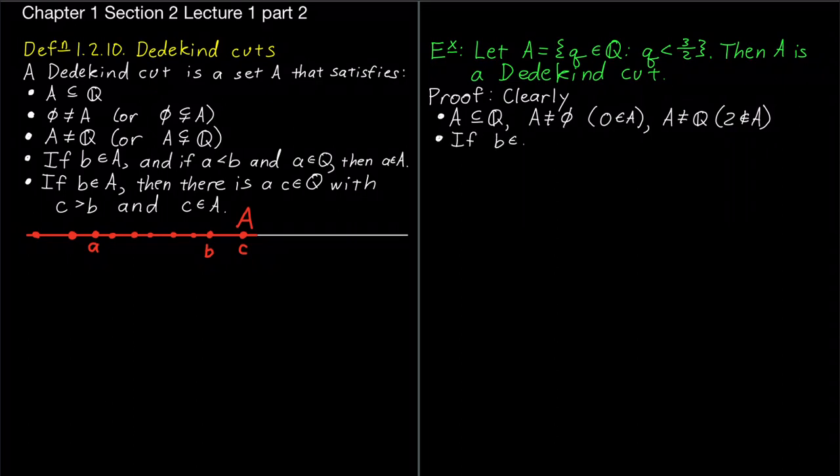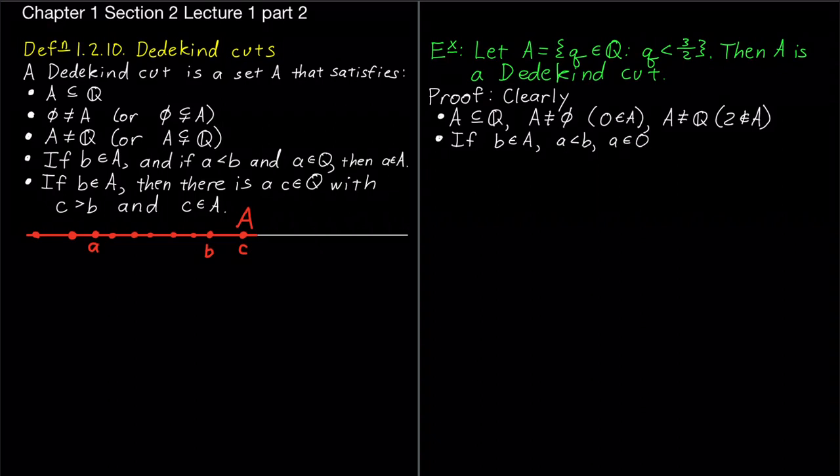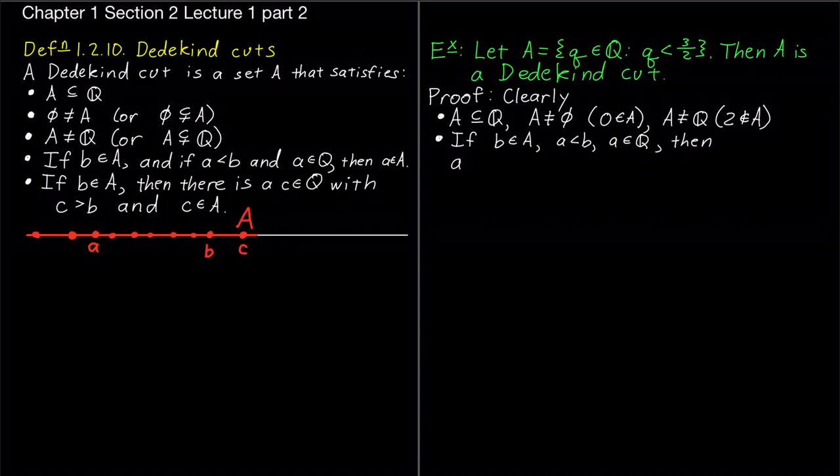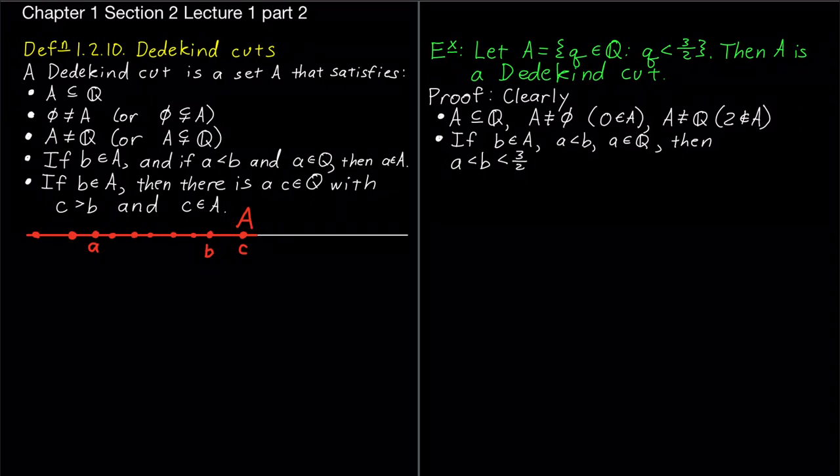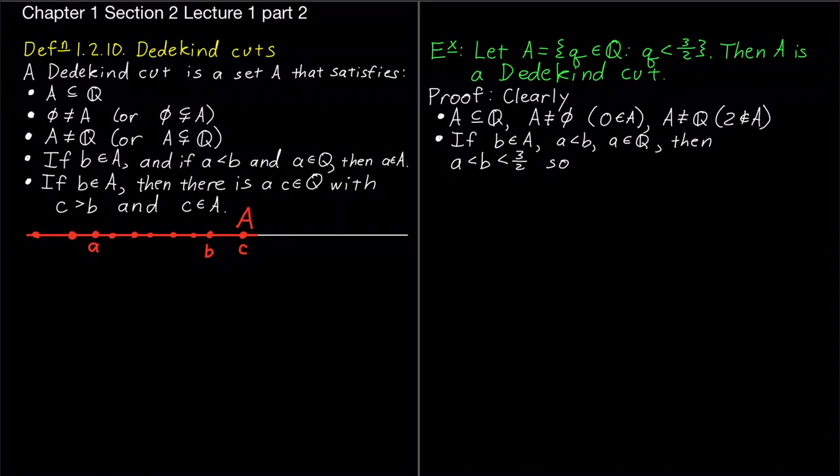If b is in A, and a is less than b, and a is rational, then a is less than b, which by assumption is less than 3 halves, by definition of A. So a is also less than 3 halves. Less than is a transitive property in the rationals.